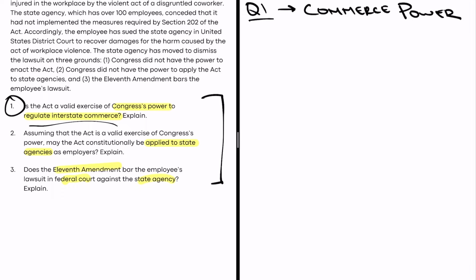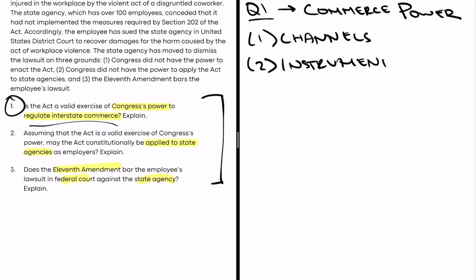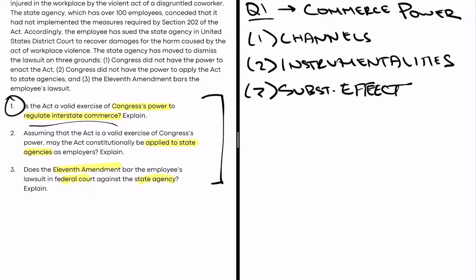Here we say a federal law regulating interstate commerce must regulate either number one, the channels of interstate commerce, number two, the instrumentalities of interstate commerce, or number three, an activity that has a substantial effect on interstate commerce.